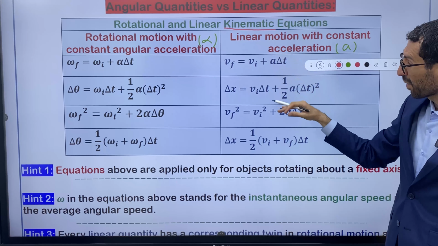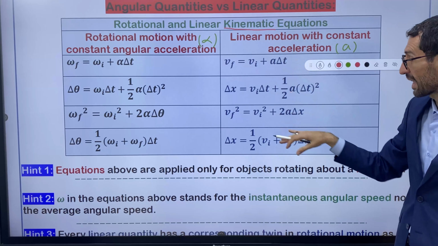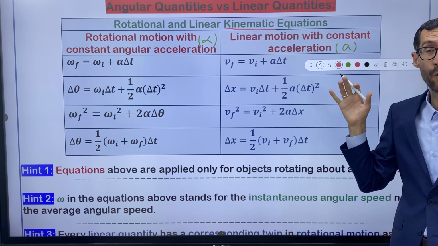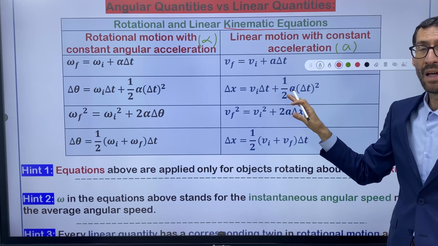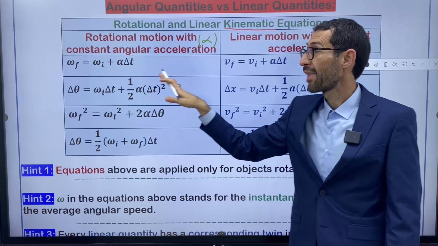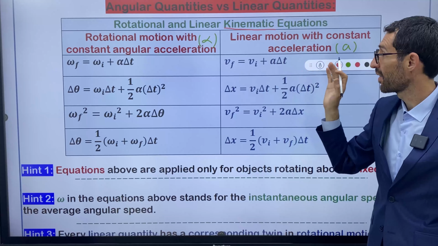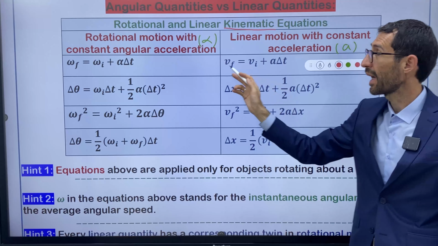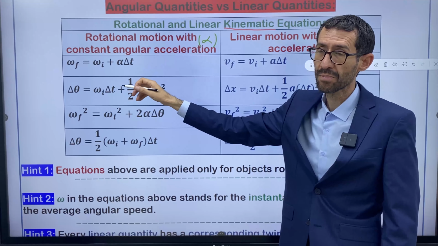We got a lot of information about these equations. But for any linear equation, there is a twin in rotational motion, right? There's an analogous equation for linear motion in rotational motion.